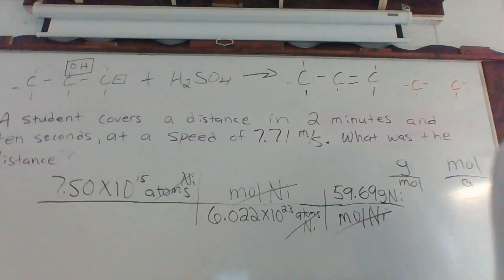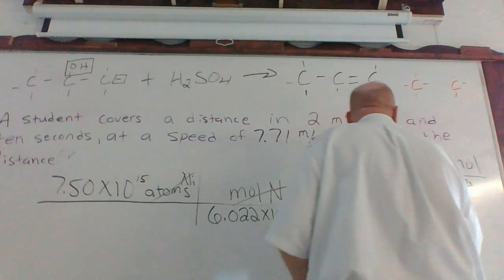We are supposed to come up with an answer of 7.3 times 10 to the negative 7. See if that's what you get.